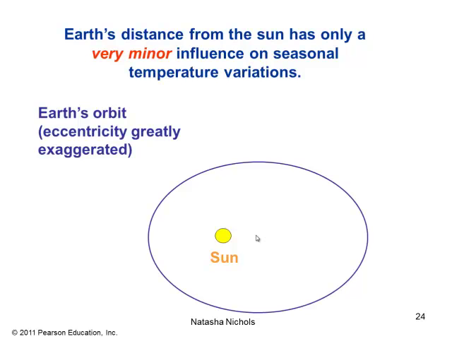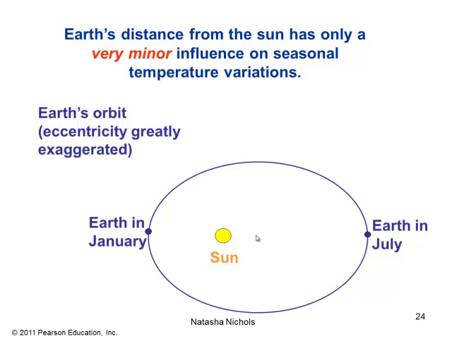There's a common misconception that the Earth's distance from the sun influences the seasons. However, the Earth's distance has a very, very minor influence on that. Here is a small animation, and you can see that this is greatly exaggerated.